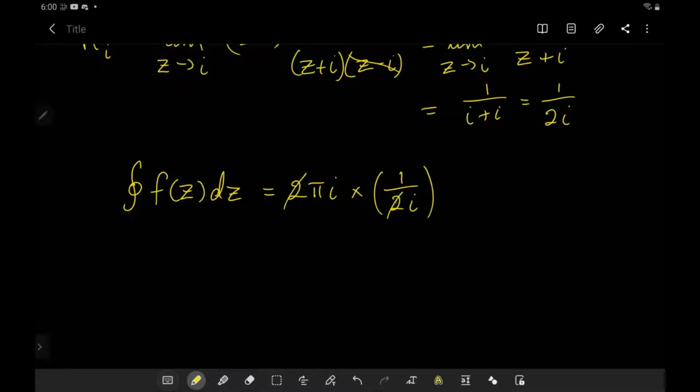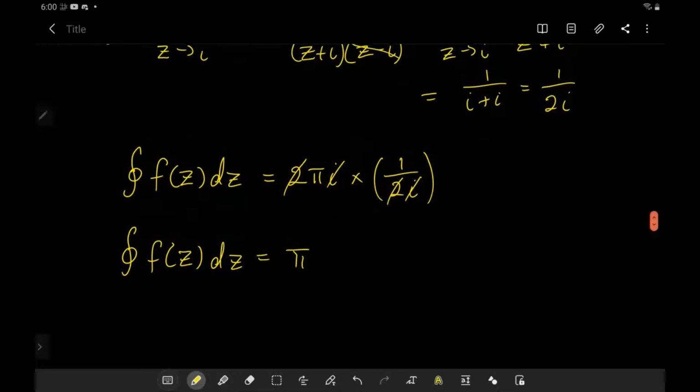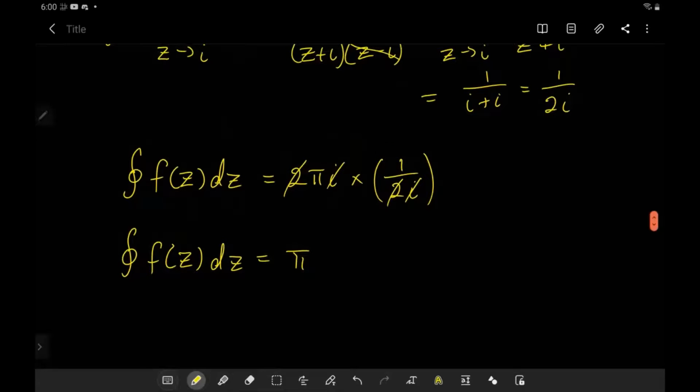So the 2 will cancel, the i will also cancel, and give me that the enclosed integral of f of z dz is equal to pi, which is interesting because we haven't done any integral step yet, but it seems like we have already gotten to the answer.